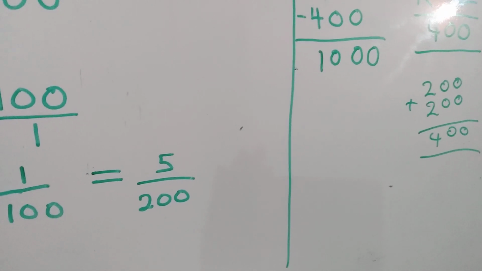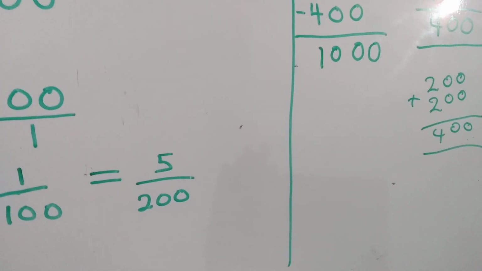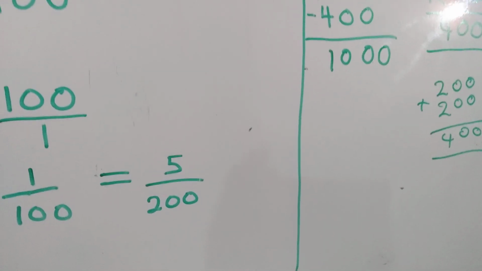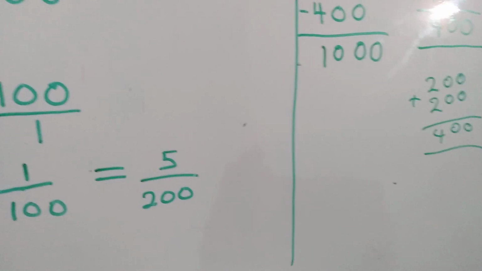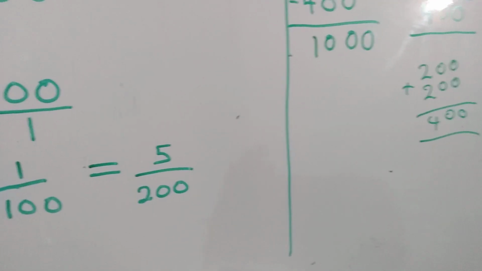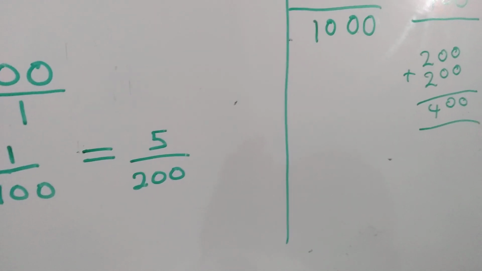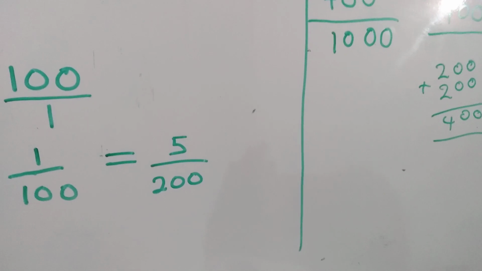Please understand that. It's the same thing we did before with the 5 on the place value chart. So we now have 1,000. In other words, you have 1,000 things, which we are now going to share into groups of 200. So we have 1,000 thousandths, and can we make groups of 200 from them? Yes, we can.